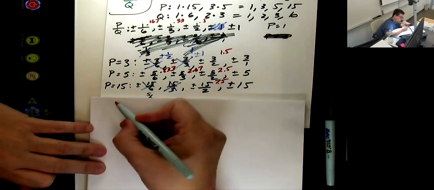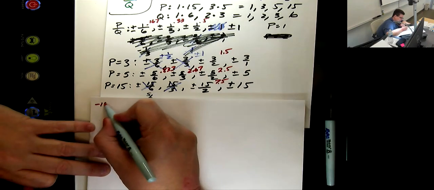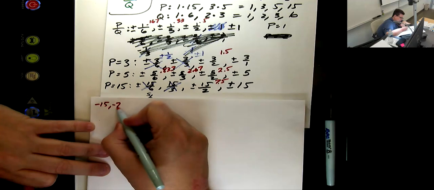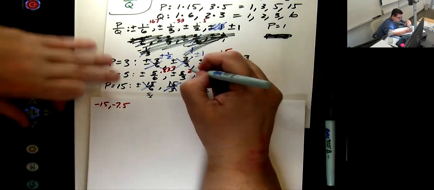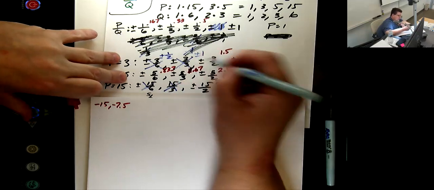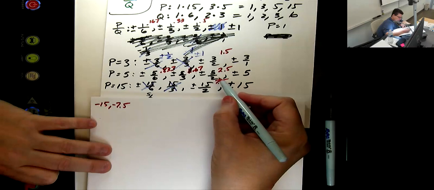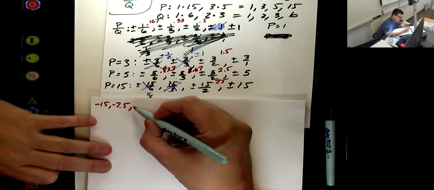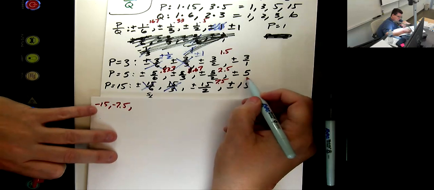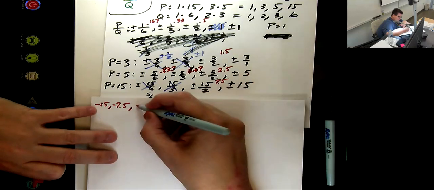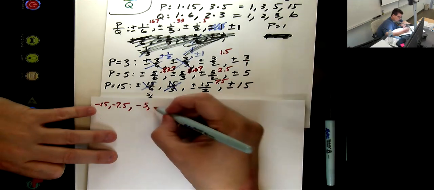So our negative numbers from lowest to highest. I've got -15, -7.5. That's not 2.67, that's 1.67 right there. I've got -2.5. Oh, -5 is the next lowest. -3.